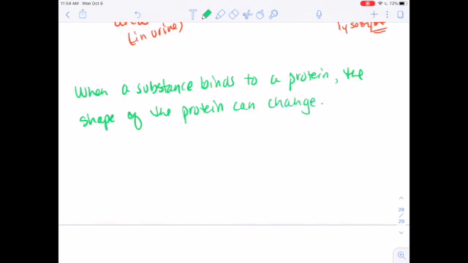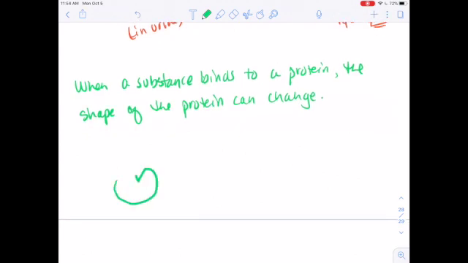And it can change anywhere on that protein. Like, let's say there's an enzyme and here's its active site. Looks like that. I'm not going to color that in. It looks silly. And let's say it binds to substance A. This is the substrate.